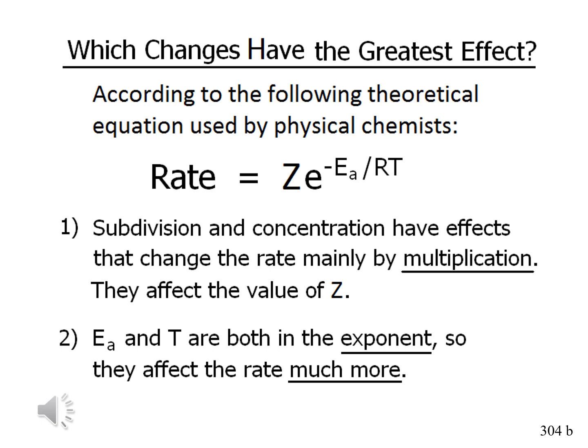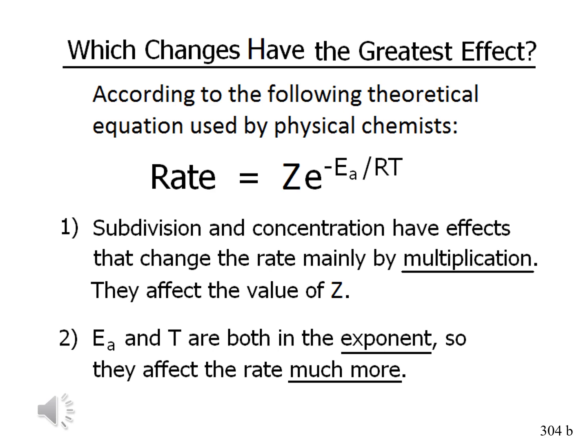So the thing about it is, though, if energy of activation and temperature affect the rate so much, why do we worry so much about concentration? Well, the truth is Ea and T are usually constants. The energy of activation is a property of the molecules, so it usually doesn't change, and the temperature is usually constant.